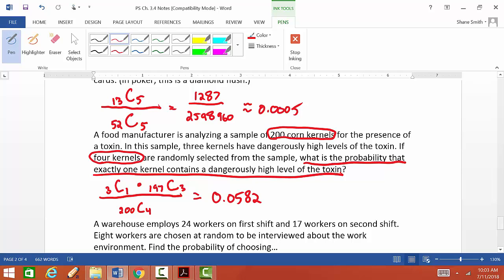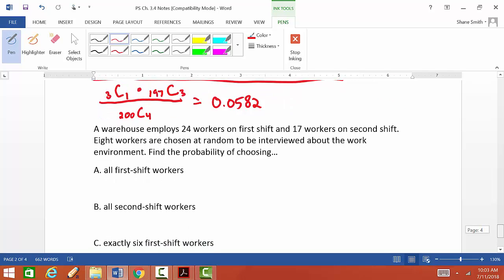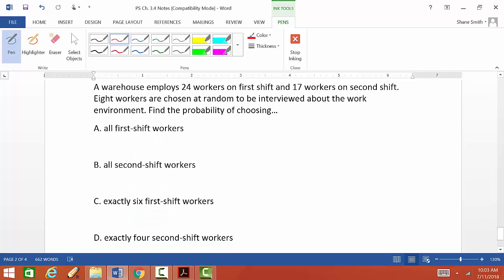The employee warehouse problem at the bottom, the next problem, is also very similar to this, so let's do this one as well. It says, a warehouse employs 24 workers on the first shift and 17 on the second shift. 8 workers are chosen at random to be interviewed about the work environment. Find the probability of choosing all first shift workers.